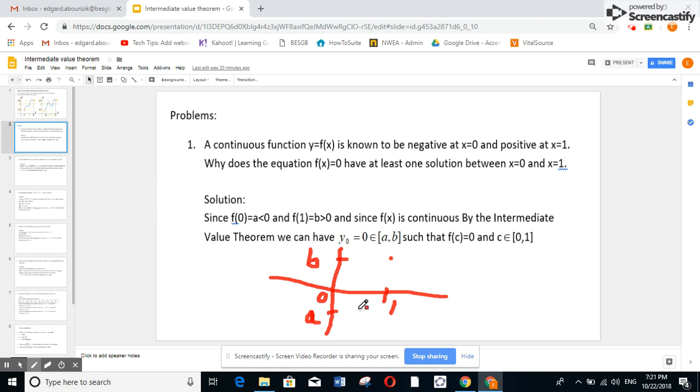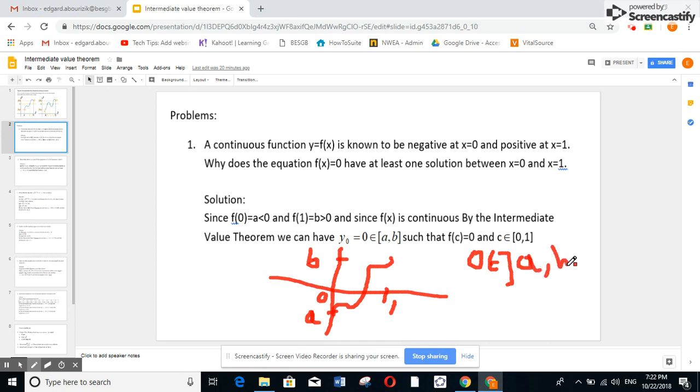Since the function is continuous, you go from this point till that point, continuous, no interruption. As you can see, look first of all at the y-axis. You have from a till b. Because I want y equal to 0, 0 in this case is between a and b.